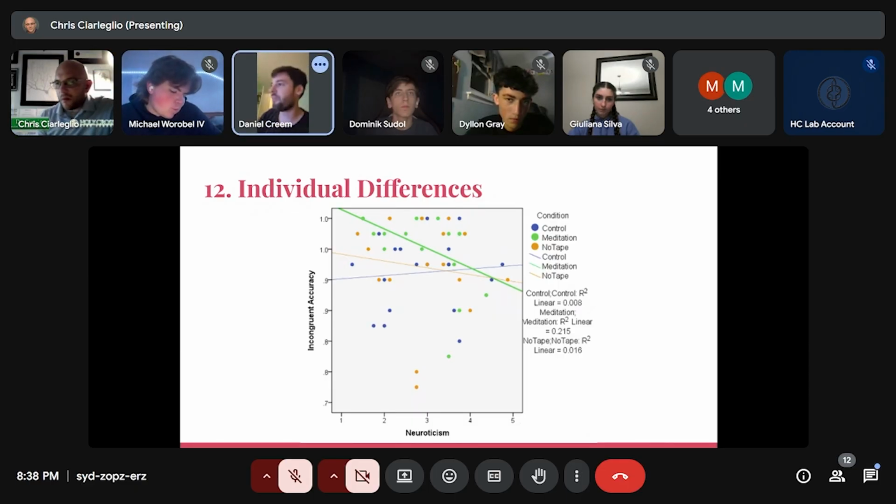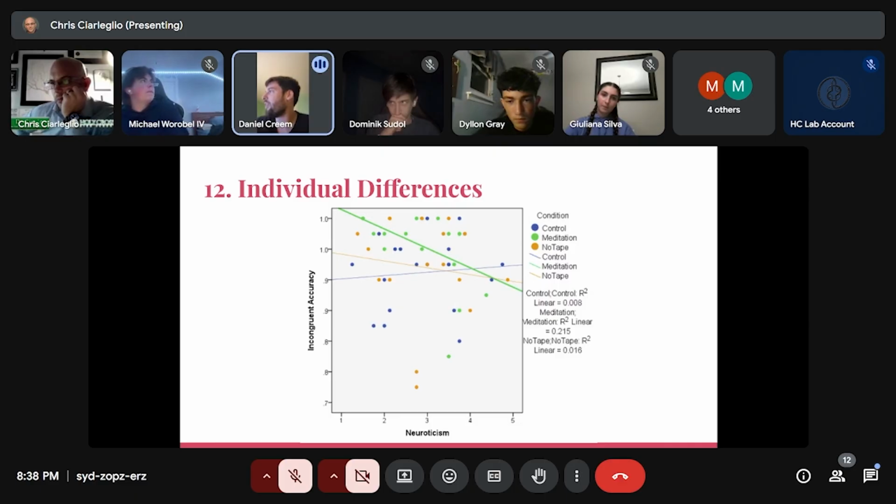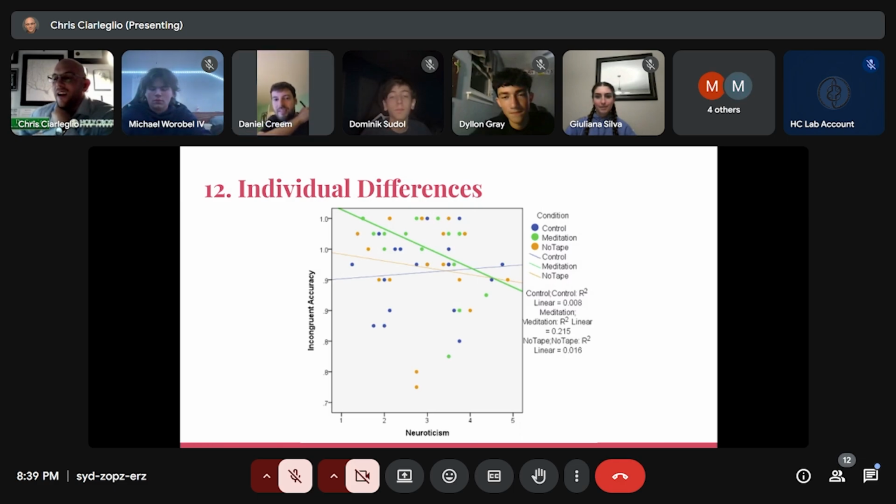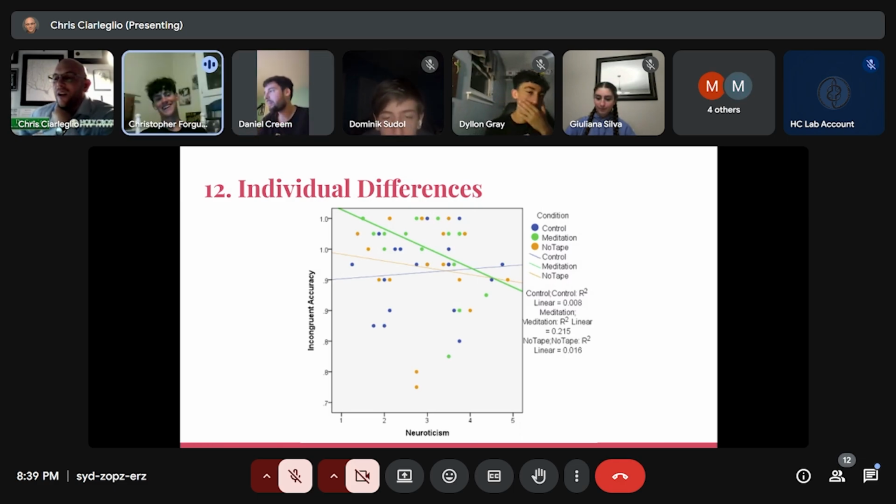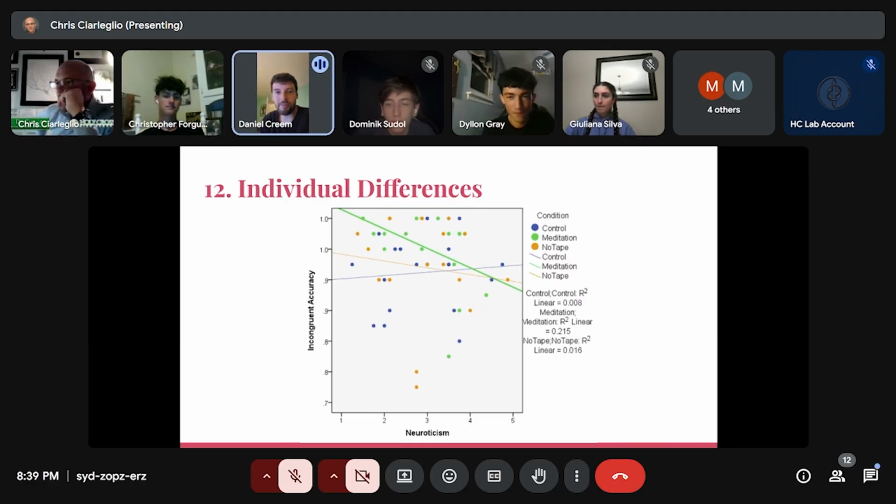So we did test to see if any of the personality factors affect the accuracy here, and none of them did except for neuroticism. So I'm gonna pick on Chris. What do you think, if you had to guess, what is neuroticism? I have absolutely no clue. Okay, how about Maria?